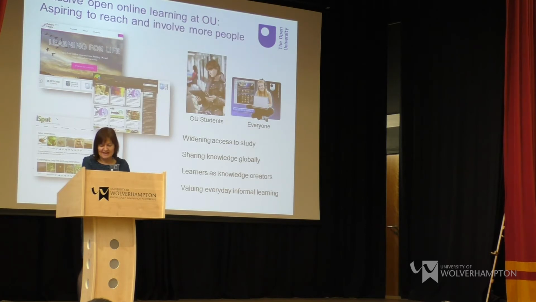And last but not least, the value that we can put nowadays on informal learning and incorporating that into formal education. We know that people learn informally on YouTube, on social media, through all kinds of open resources that are now available. So what are the implications of that for the formal context?